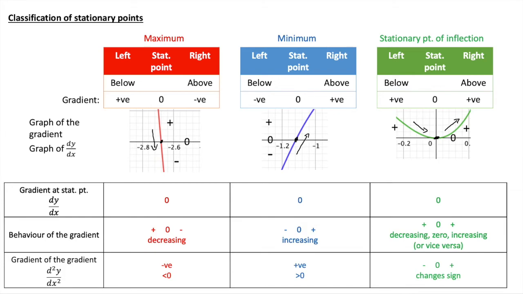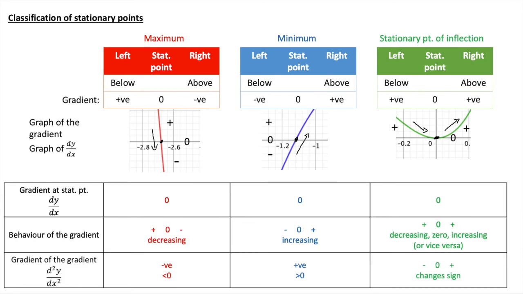For a stationary point of inflection, because the graph of the gradient comes down to the left of the point, its gradient is negative. At the point its gradient is 0, and to the right of the point the gradient of the gradient is positive.